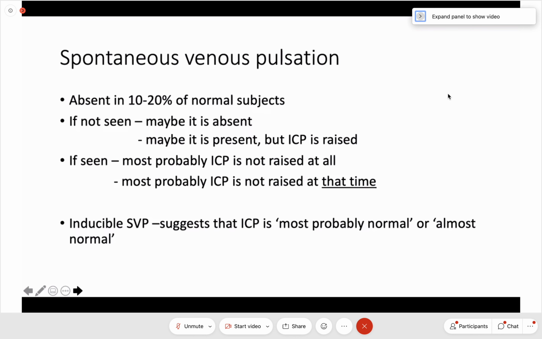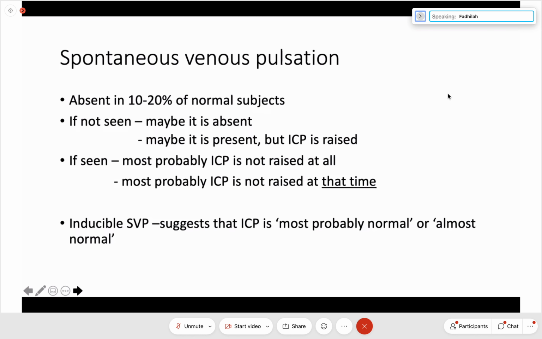Or most probably the ICP is not raised at that time when you are looking in the eye. Meaning, at other times, the ICP can rise. So in conditions like IIH, you sometimes get fluctuation of the ICP. So maybe you are looking at that time when the ICP is not that high, so you can see the SVP, but at other times, it's not there.